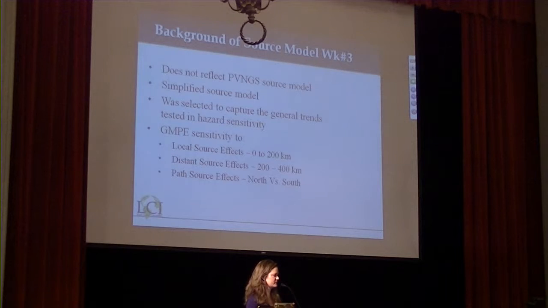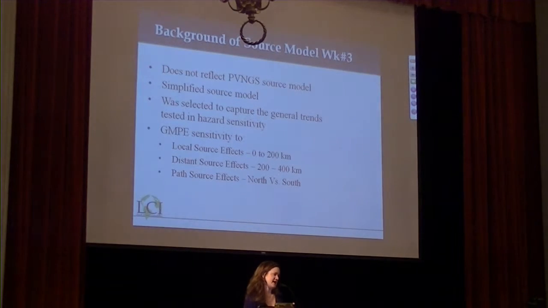So the source model that we used in this hazard sensitivity will not be used for the PVNGS. It was selected because it was a simple source model. It's a modified source model of what was run in the past, and it was selected to capture the general trends tested in the hazard sensitivity.